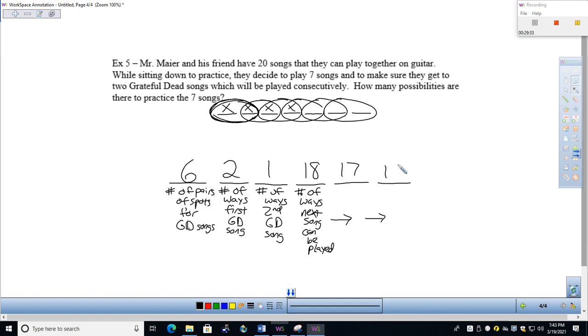Well, looks like there's 16 songs available. And then when I write that 16, I just kind of X that out there. And let's keep it going. Number of ways for the next song to be played. Well, it looks like there are 15 songs left for that next one. And I'm hoping you kind of see how this is going to play out. Finally, 14 for that last one.